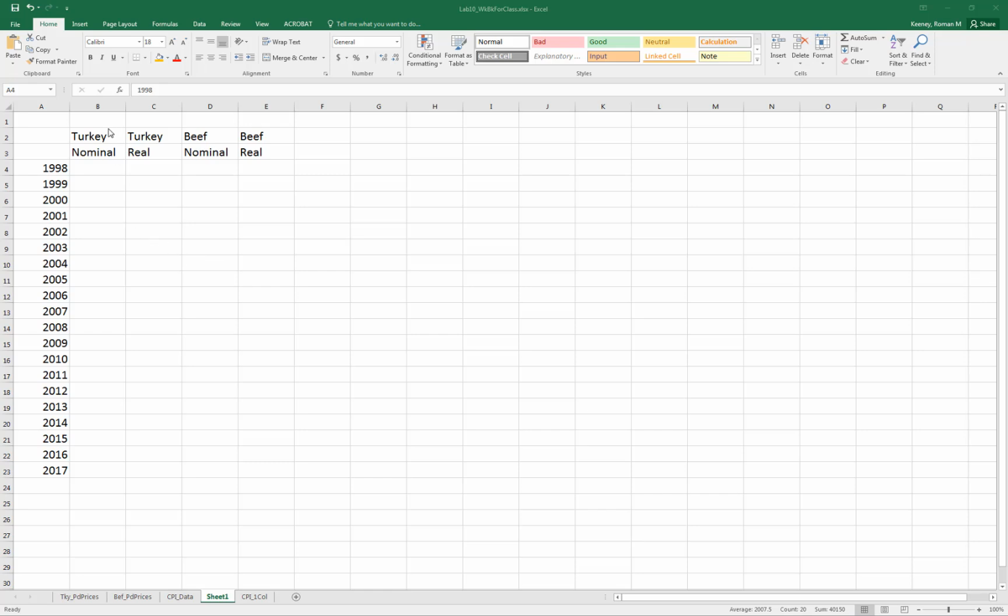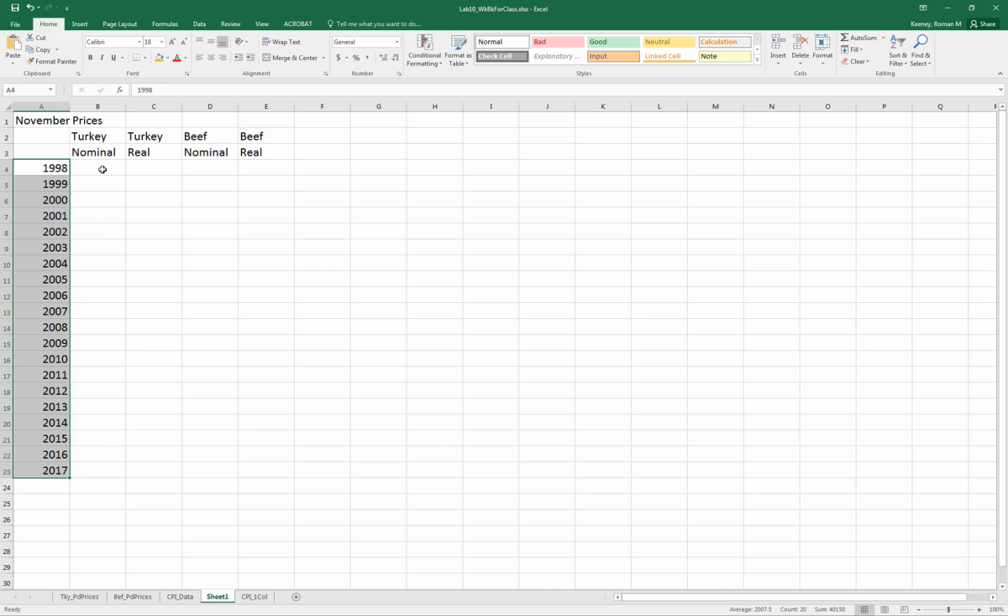Okay, I finished making my columns. You can pause it and make yours look like this as well. So these are all measured in November. So our analysis is really for November prices, where we're going to look at the turkey nominal, turkey real, beef nominal versus beef real, and then 1998 through 2017, because that's the information we have.